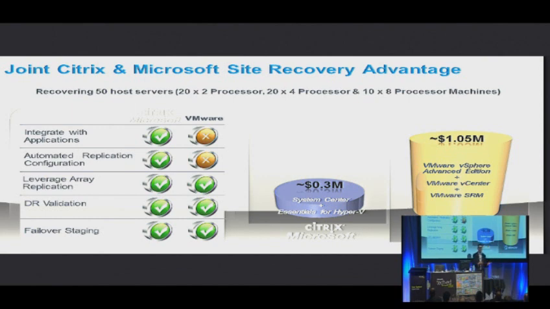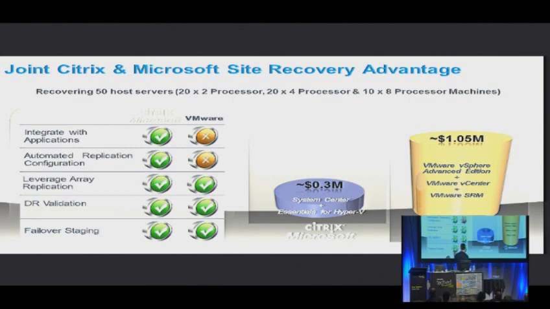From a technical standpoint, it's our position that the combination of the features you get from System Center, Hyper-V, and Essentials for Hyper-V surpasses the functionality you get from VMware, specifically in the way that it integrates into System Center and your other management applications, in addition to the replication configuration or the automated process thereof.